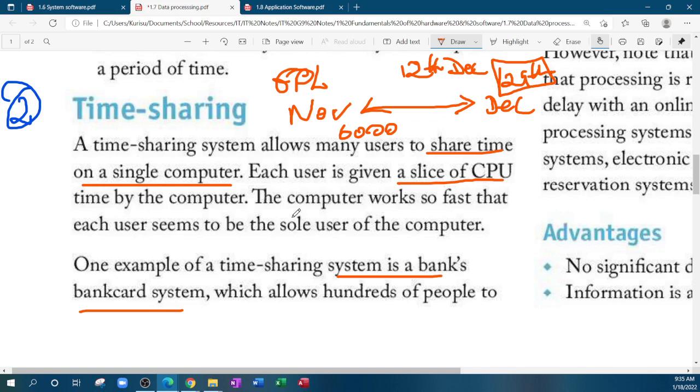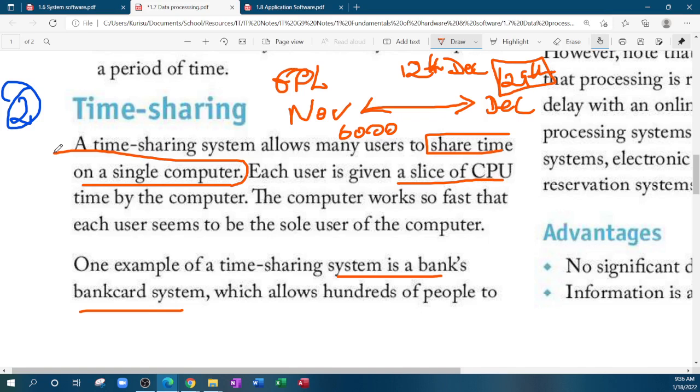So, time sharing. What is time sharing? Time sharing, as the name indicates, is where your computer shares the time it takes to process data. So, time sharing is when you share the time on a single computer. For example, you might have a laptop or a single desktop in your home.